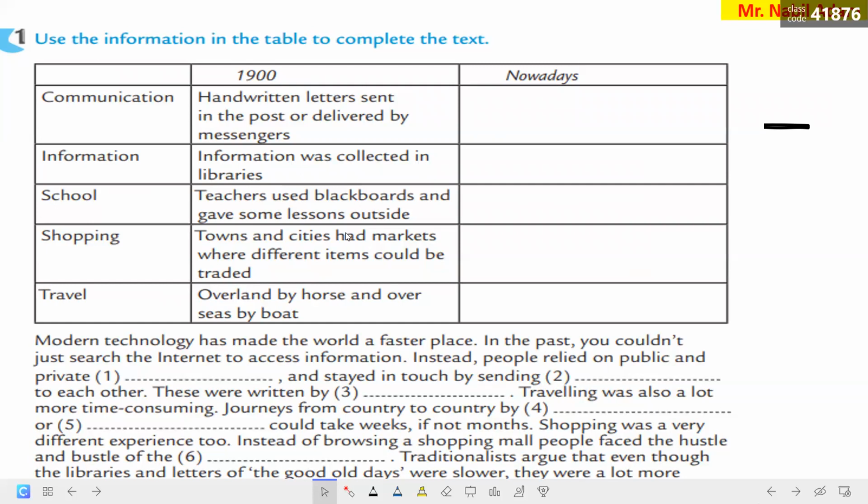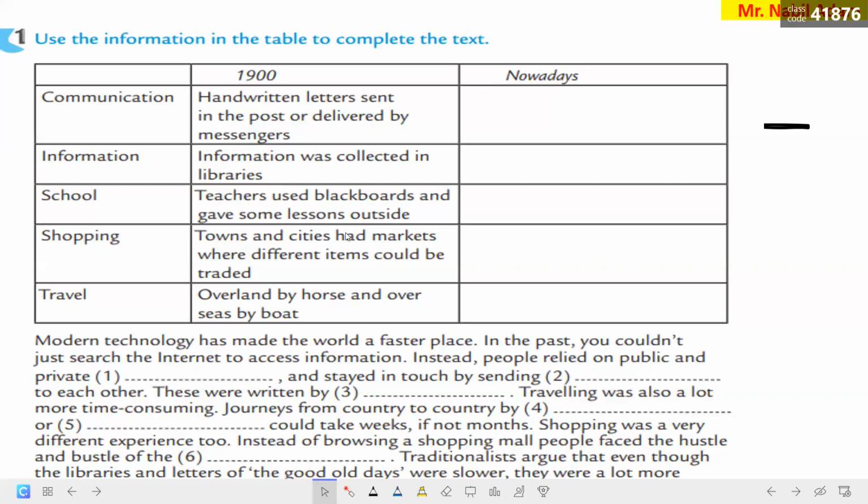Communication, handwritten letters sent in the post or delivered by messengers. Information was collected in libraries. School, teachers used the blackboards and gave some lessons outside. Shopping, towns and cities had markets where different items could be traded. Travel, overland by horse and overseas by boat.